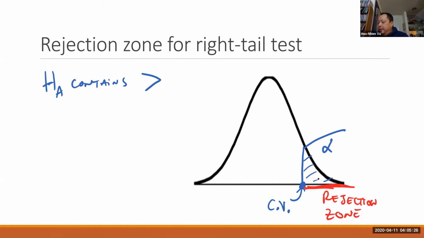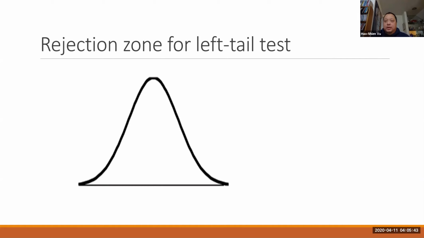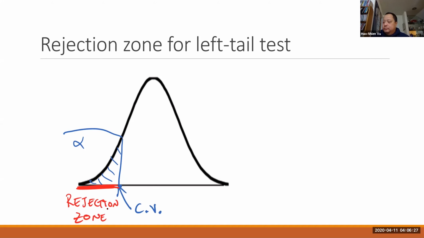If p-value is small, then it has to be in the rejection zone here, and we would reject H0. The test statistic has to be in the rejection zone to reject H0. For the left tail test, everything is on the left: alpha is on the left, critical value cuts off alpha, and the rejection zone is the part of the axis that's under alpha.